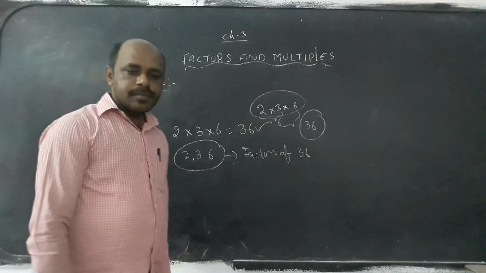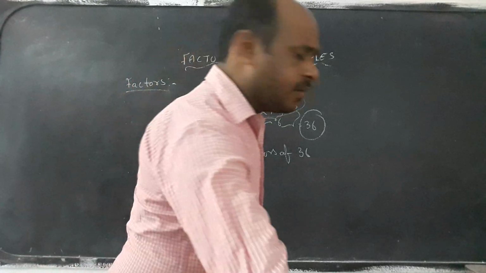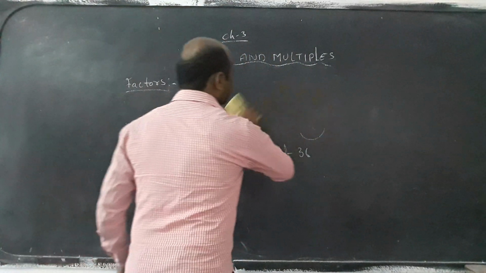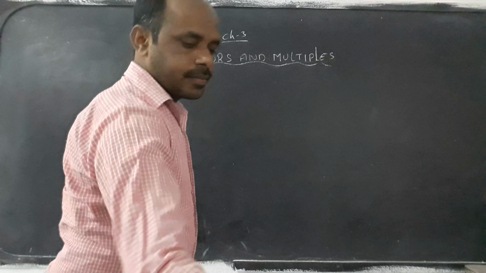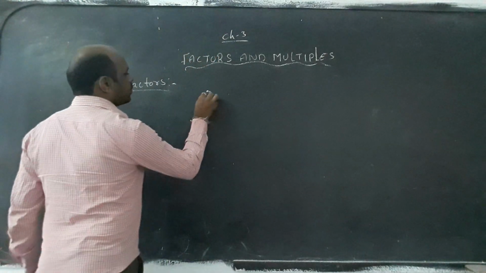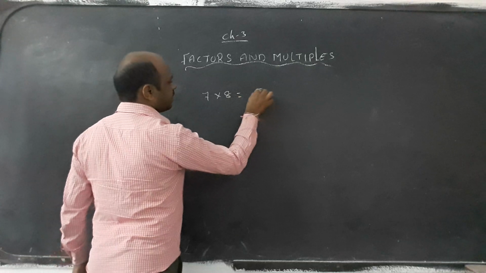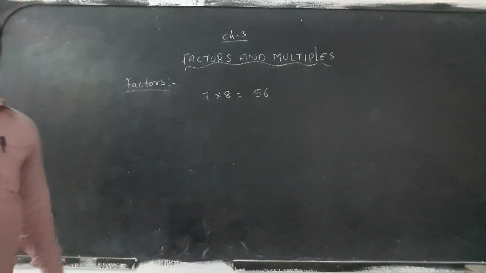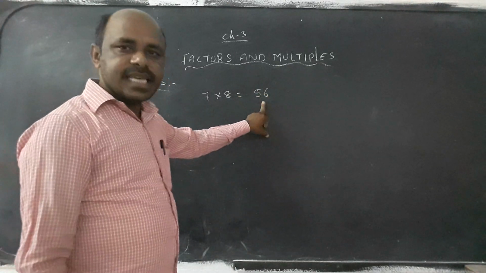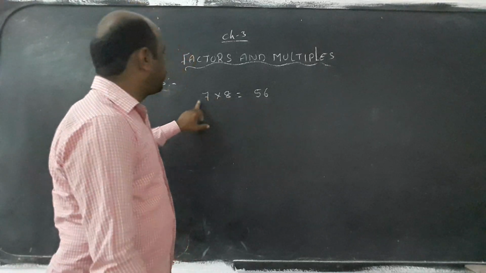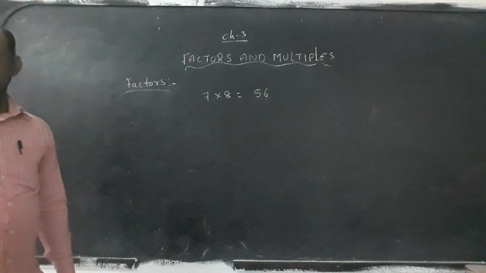In the same way, one more example. Here 7 into 8, 7 eights are 56. This 56 is the product of 7 and 8.